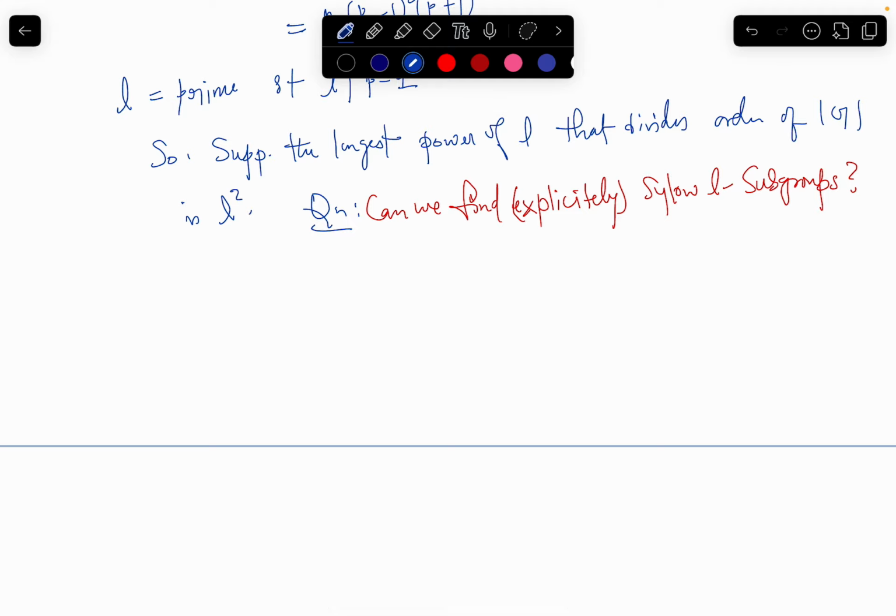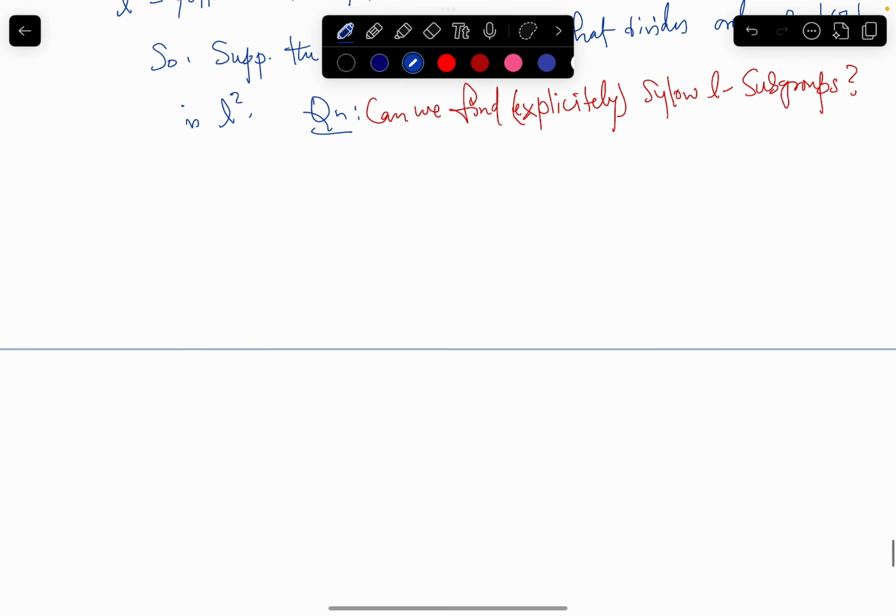The first idea is to find an element of order l, right? We note that the group of units of Z_p is isomorphic to the cyclic group C_(p-1), with p minus 1 elements.